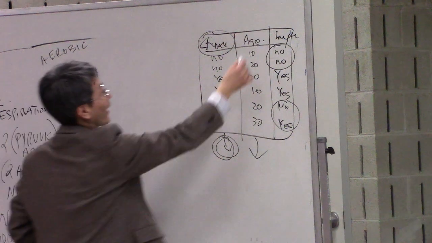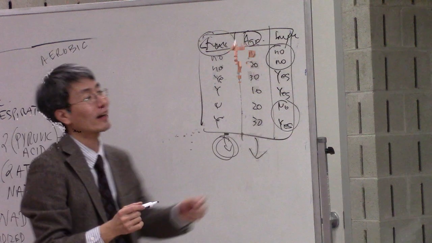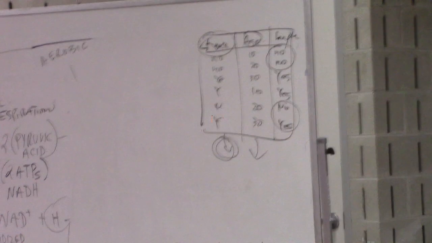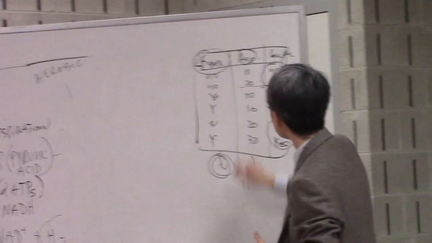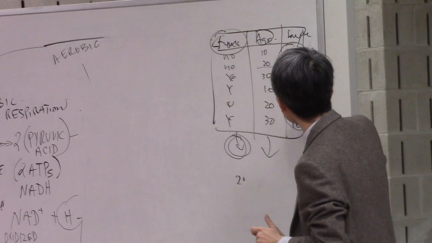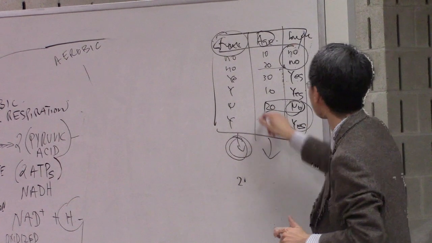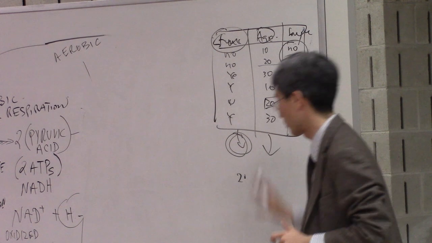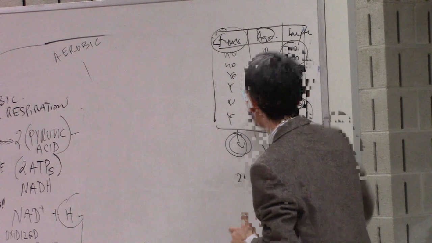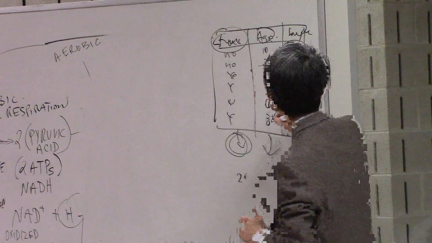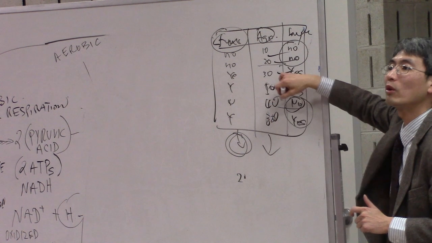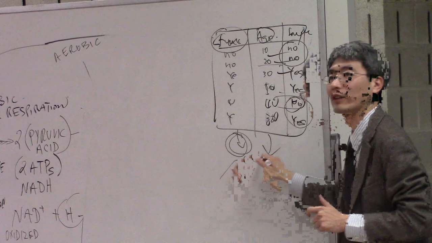So if we select age for the classifier attribute, 10, 20, so less than 20 is no, but this one is also working. I randomly put these, so let's change: 40, 50, 60. So there's no clue because it's all separated.